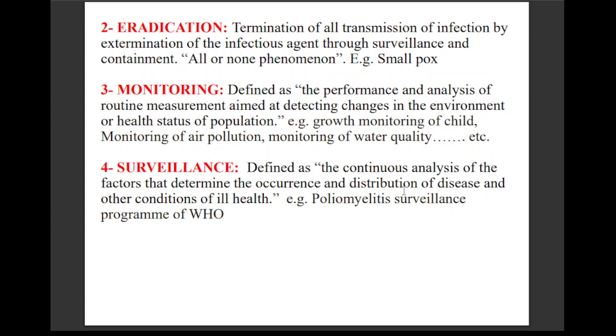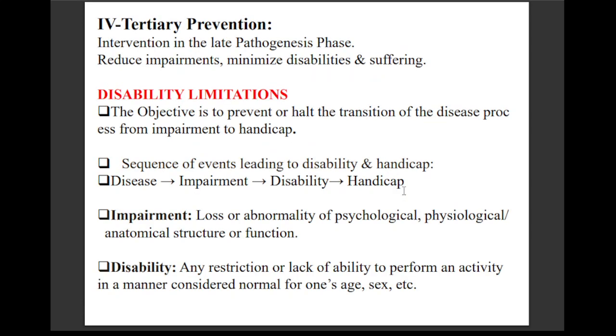So surveillance is the continuous analysis of the factors that determine the occurrence and distribution of a disease and other conditions of ill health. Example, poliomyelitis. Its surveillance program is carried out by WHO, and in case the number of cases is found to be increasing, there is immediate quick action against that particular disease.